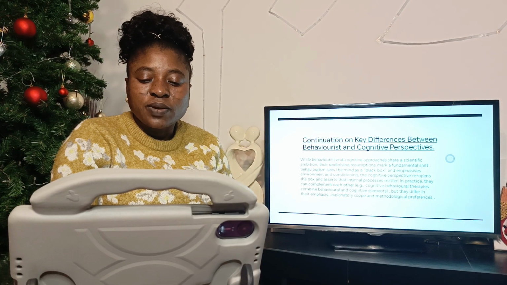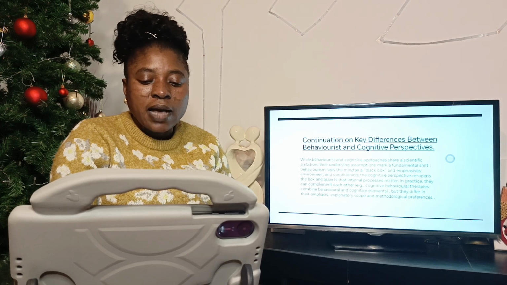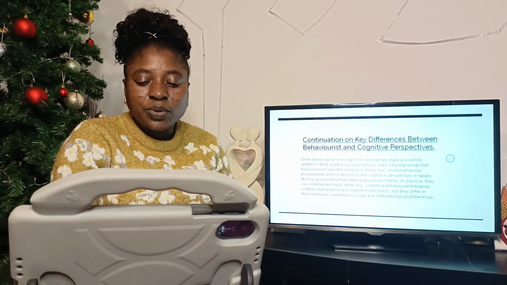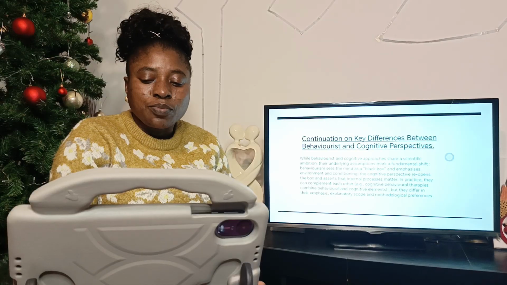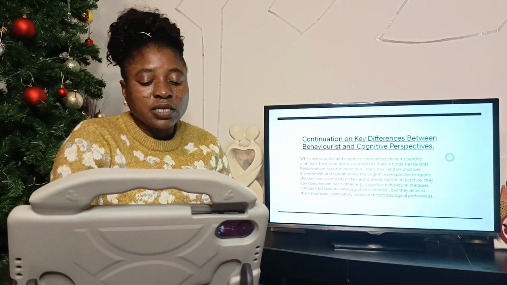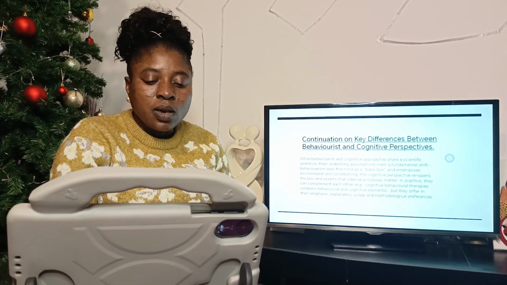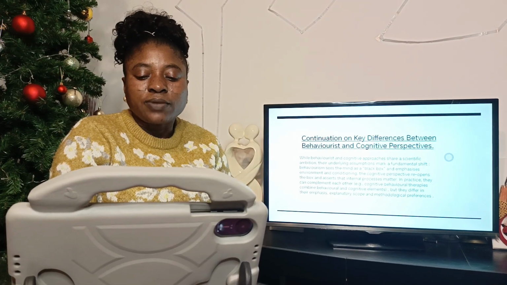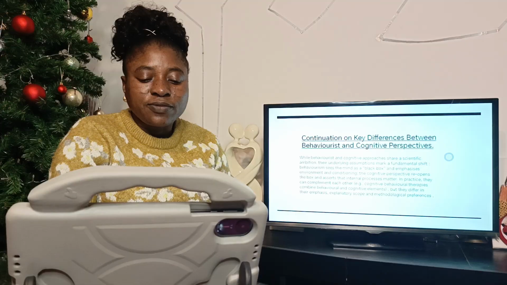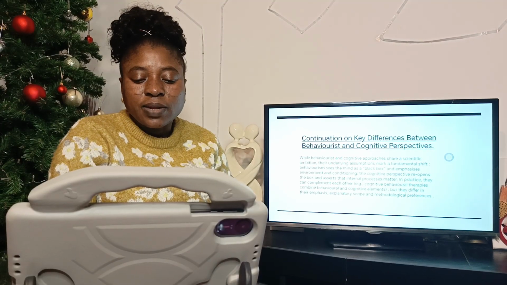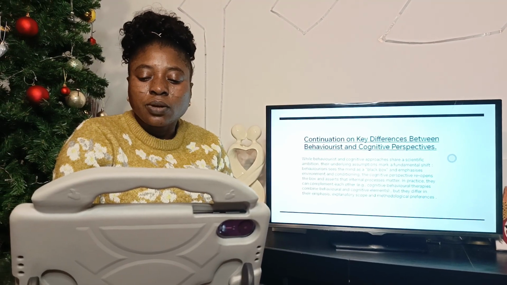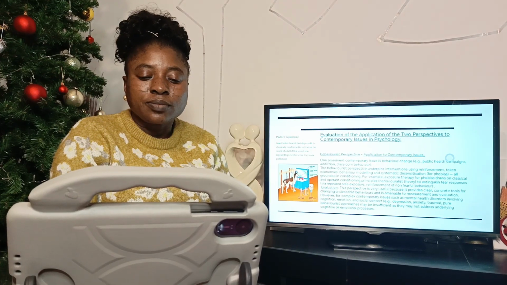The cognitive perspective reopens the box and accepts that internal processes matter. In practice, they can complement each other, e.g., cognitive behavioral therapies combine behavioral and cognitive elements, but they differ in their emphasis, explanatory scope, and methodological preferences.